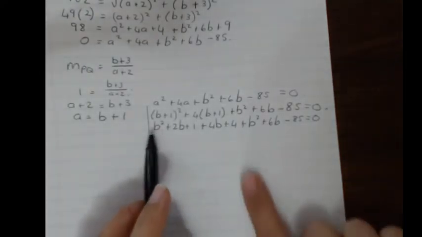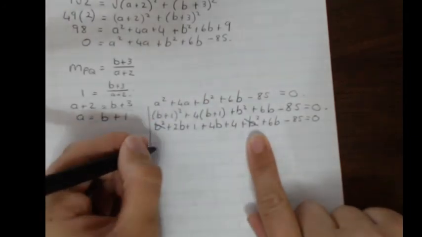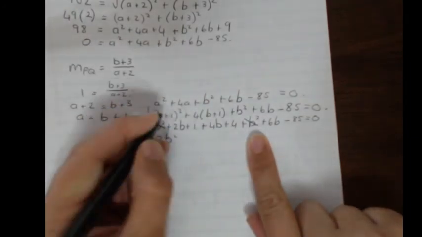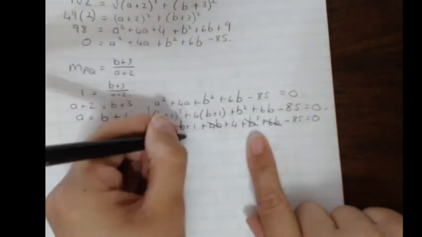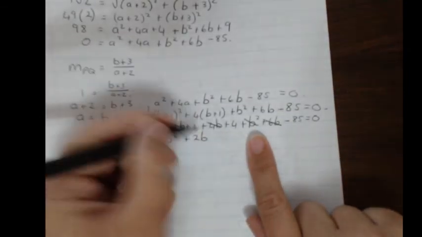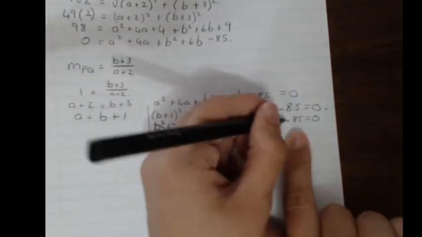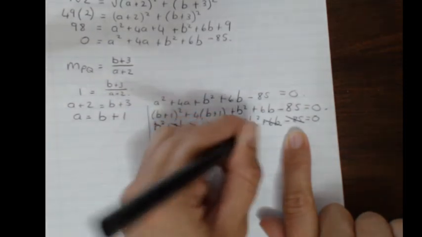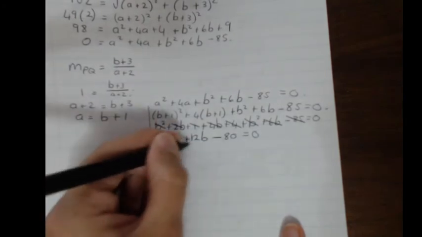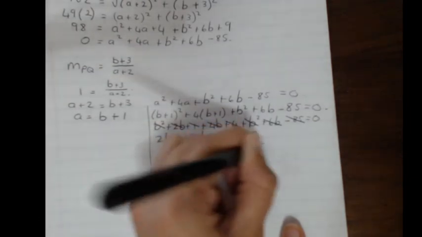Add the like terms, so I have b squared plus b squared, is 2b squared. 2b plus 4b is 6b, plus 6b is plus 12b, and 1 plus 4 is 5, minus 85 is minus 80 is 0, and I can divide this by 2 throughout, so it's b squared plus 6b minus 40.